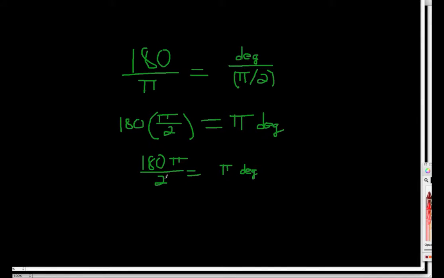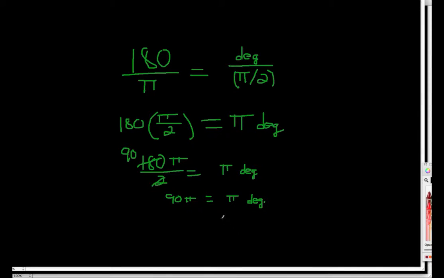Okay, now this can simplify a bit in that 2 divides into 180, giving me 90. So I now have 90 times pi is equal to pi times degrees, whatever the angle is in degrees.